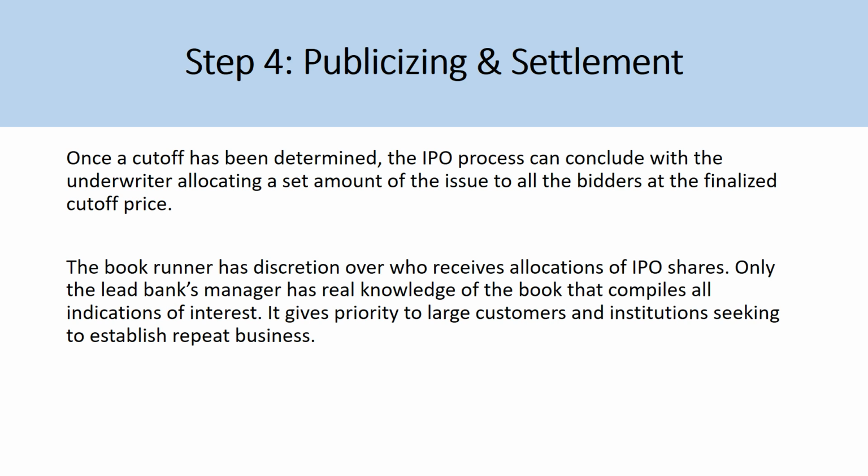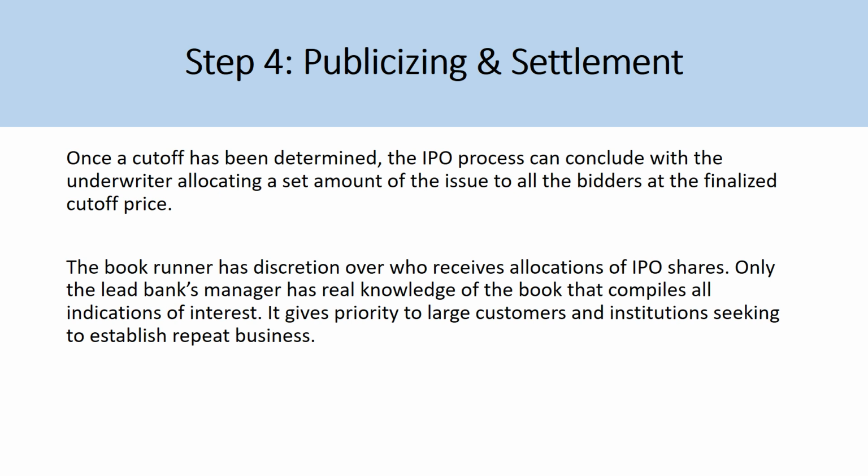In step 4, once a cutoff has been determined, the IPO process can be concluded with the underwriter allocating a set amount of the issue to all the bidders at the finalized cutoff price. Now, the book runner, the main manager, has discretion over who receives allocations of IPO shares. Only the lead bank's manager has real knowledge of the book that compiles all indications of interest.